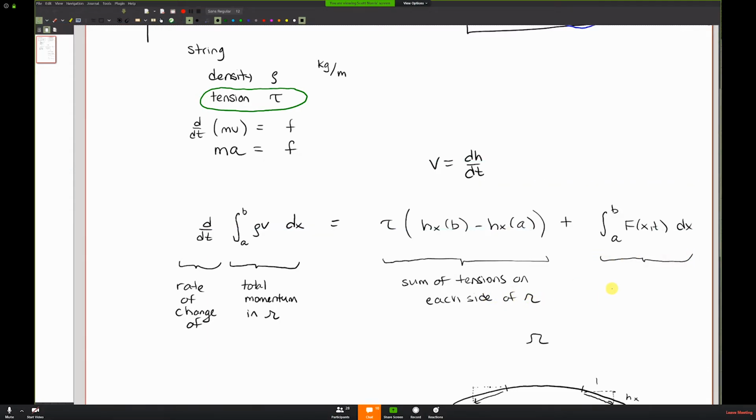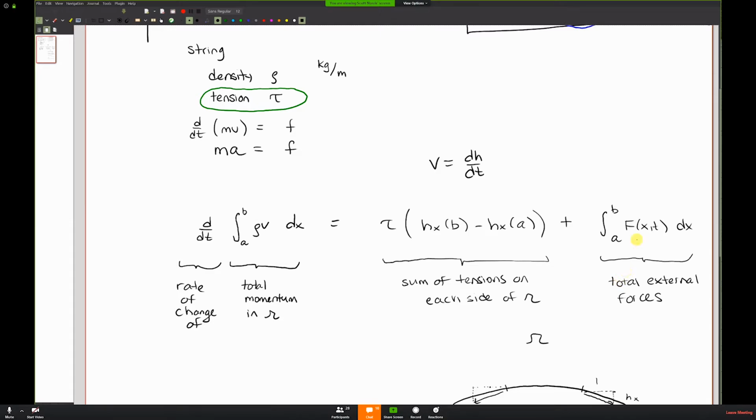And this is the total external forces, body forces.